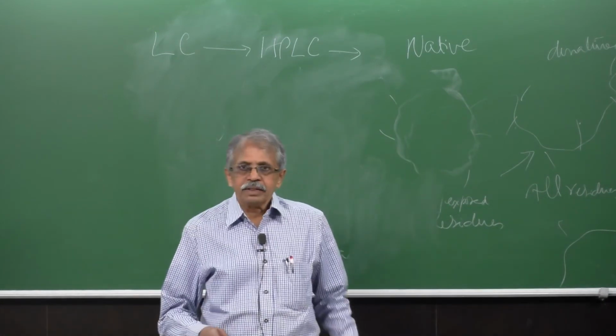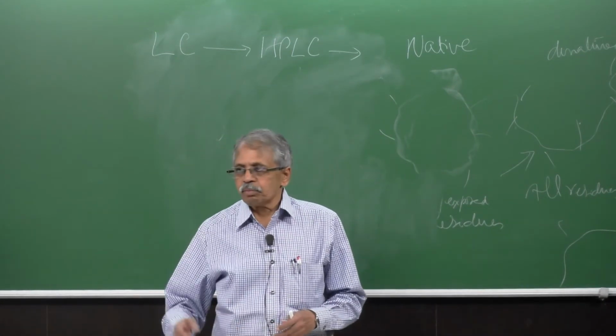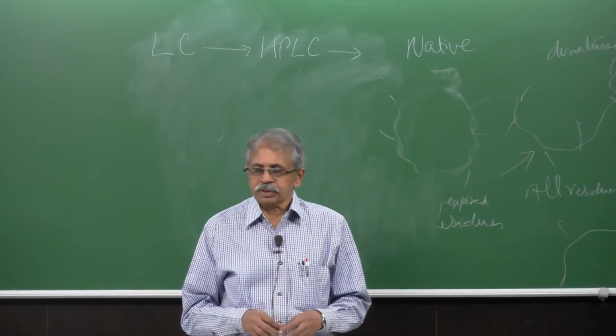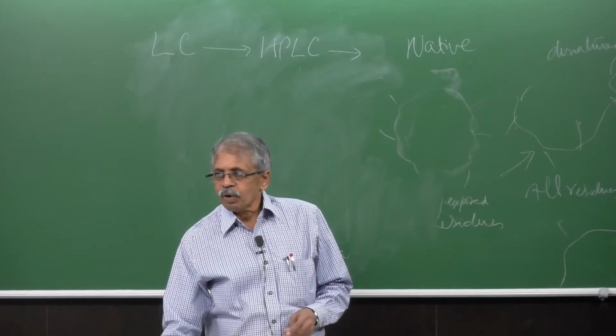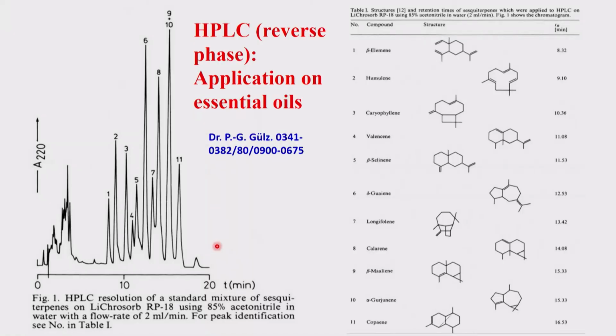Sometimes you can connect it to NMR, you can connect to mass, most often they do it with mass spectrometry. So you can see each one of these peaks is a different compound in the mixture, which comes from the separation of the sesquiterpenes fraction. Such things can be done.